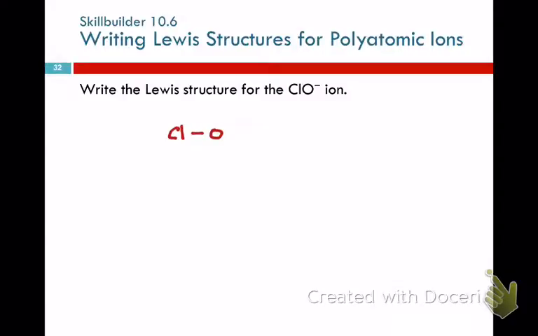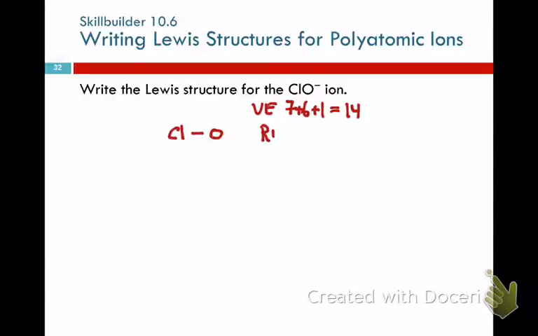Okay, so how many electrons? 7. And 6. And 1, right? For the charge. So it comes out to be 14. So this is my valence electrons.